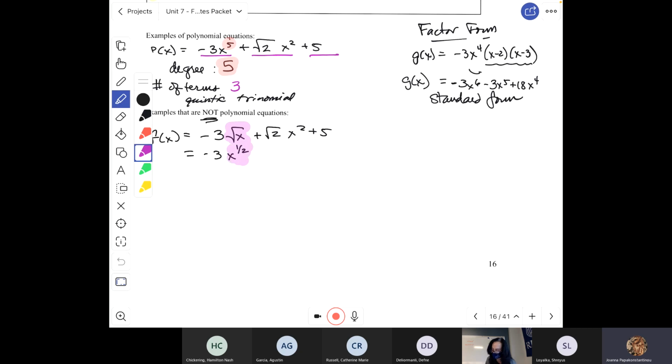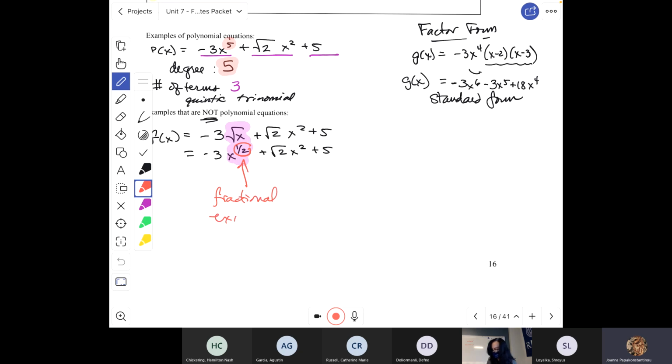But the definition says you shouldn't have a rational exponent. It has to be a whole number. So the fact that this is a rational exponent, a fractional exponent, means it is not a polynomial.